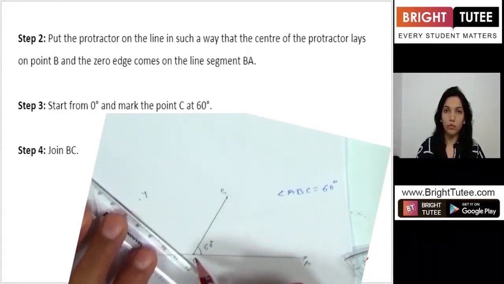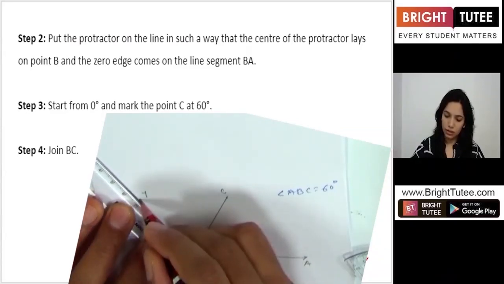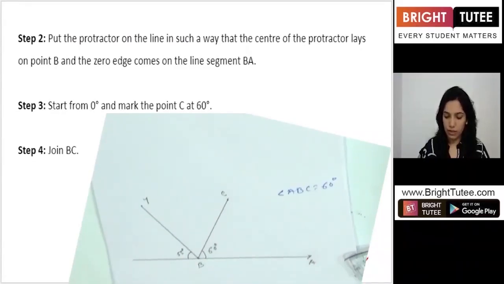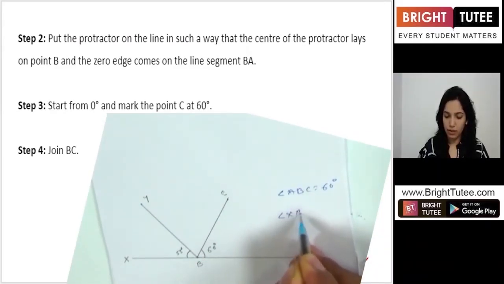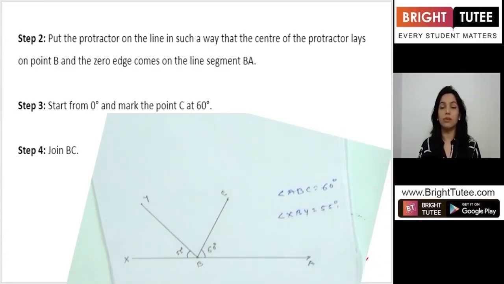So now we remove the protractor. We join this particular line here. Let's say this is point Y. So we have made an angle XBY that measures 55 degrees, right? So you can now see how we have made two angles opening on the left side and right side.